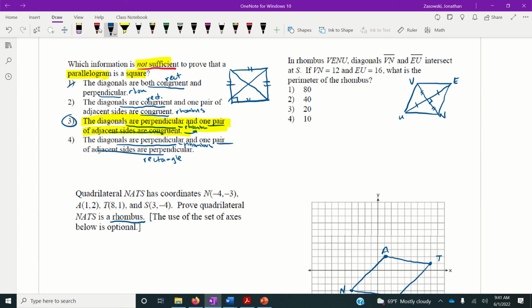So if VN is 12, that makes each of these 6. Okay, I'm going to label that in a different color just so we can tell the difference here. And then EU is 16, so each of these is 8. We want to know what is the perimeter of the rhombus.